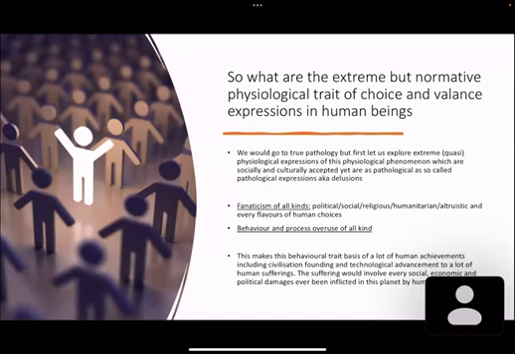all these so-called behavioral and process overuse are actually normative physiological expressions of choice and valence, and it is extreme overuse. We just accept political fanaticism, we just accept social fanaticism, we just accept religious fanaticism.